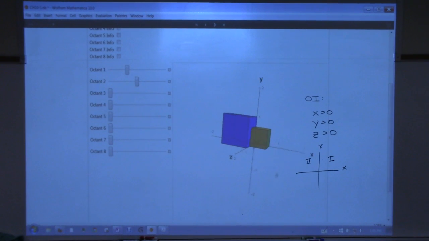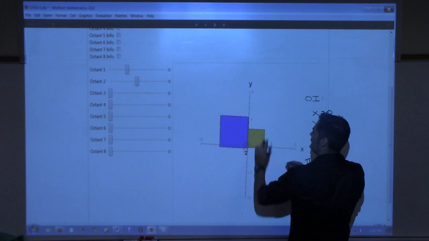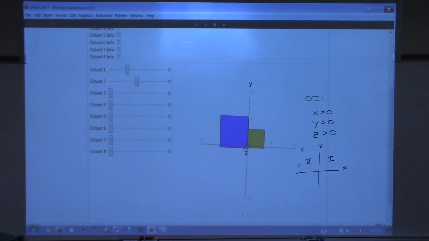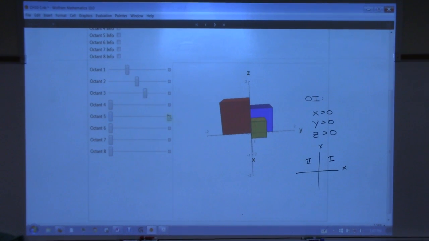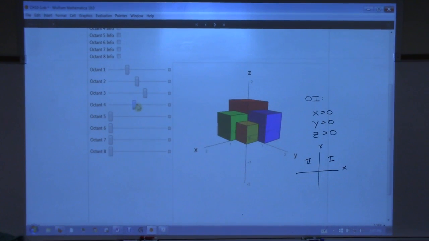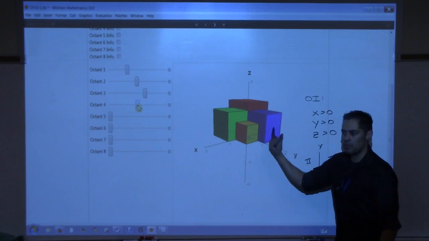If we get it back to look kind of like two-dimensional space, x, y, octant 1 is exactly where quadrant 1 is, except coming out at us. And then octant 3 is behind that one. Octant 4 is right above quadrant 4. Yeah? Do y'all see the 4 octants?